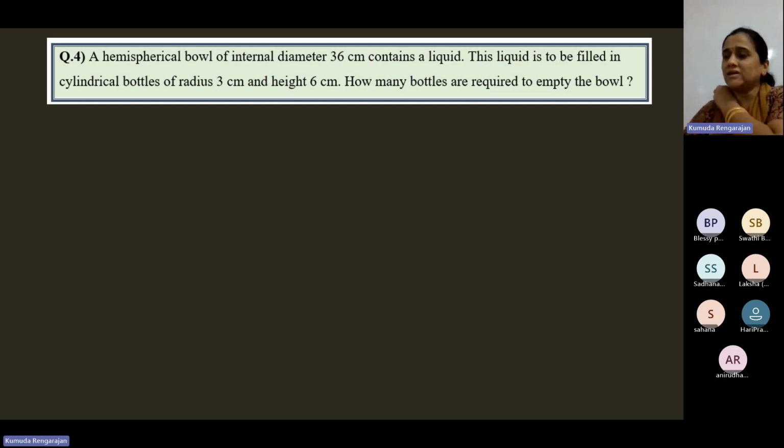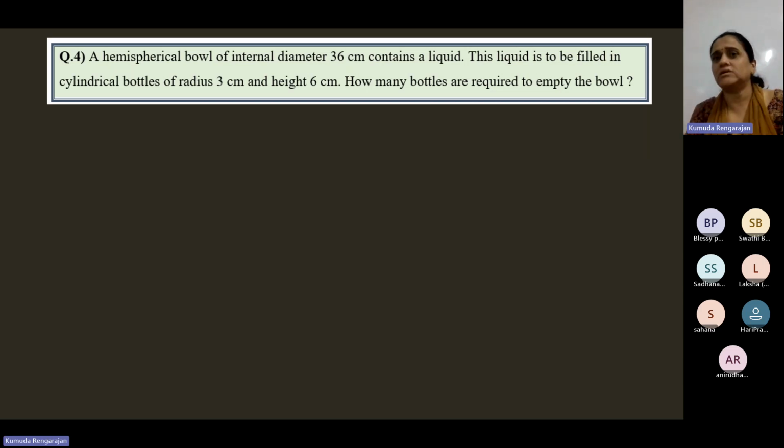So you should again figure out the equation in words. What do you have? You have a hemispherical bowl full of liquid.